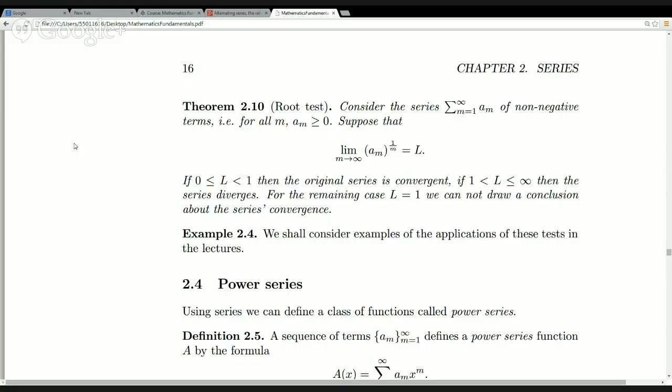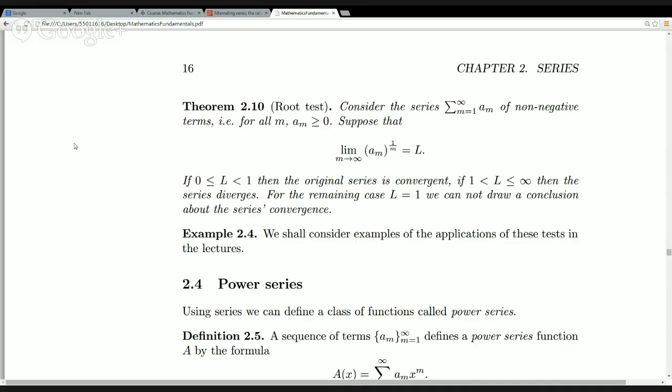in the notation of the statement of the convergence test, which is theorem 2.10. So we can say that this series, the sum of 2 to the 2n over n to the power n, converges by the root test.